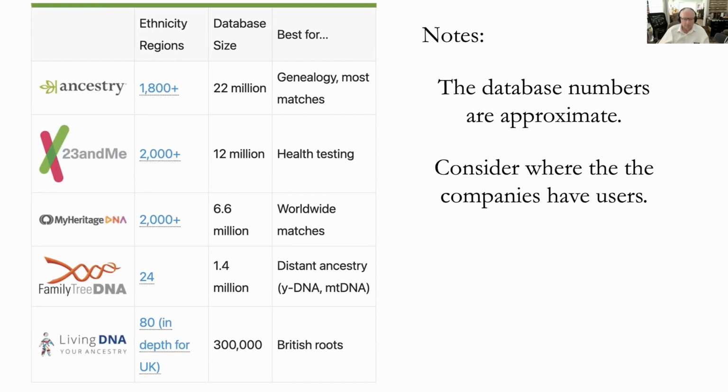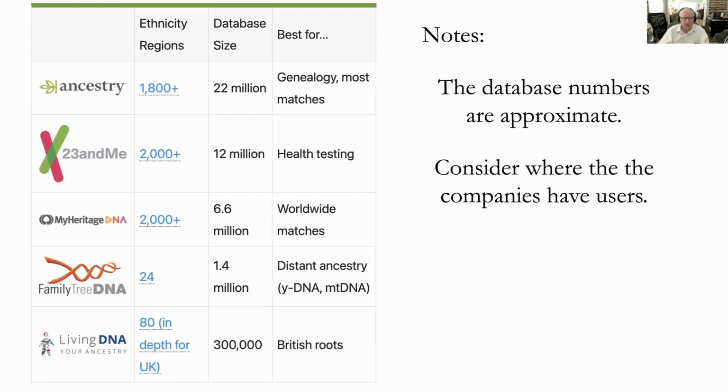MyHeritage, on the other hand, is a European company. It's actually based in Israel. Their people are primarily in other European and Eastern European parts of the world. So depending on where your ancestors come from, MyHeritage, for example, has a huge base in Scandinavia and other places.